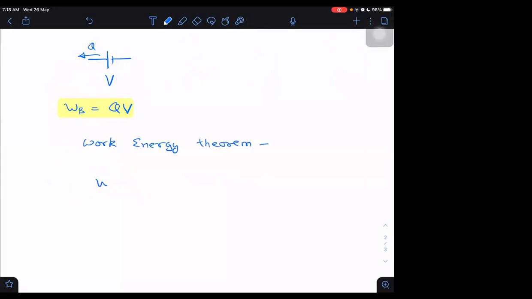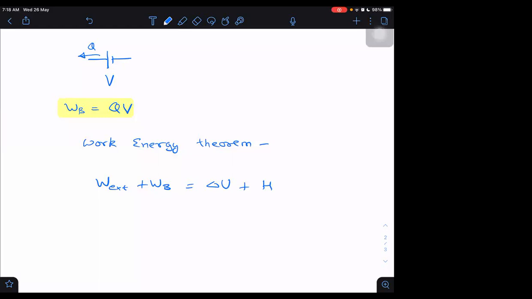It states that work done by external force plus work done by battery, see, battery can also do work, can be equal to change in potential energy plus heat energy dissipated. Some heat energy may dissipate in the circuit, so it may be equal to some of these two.